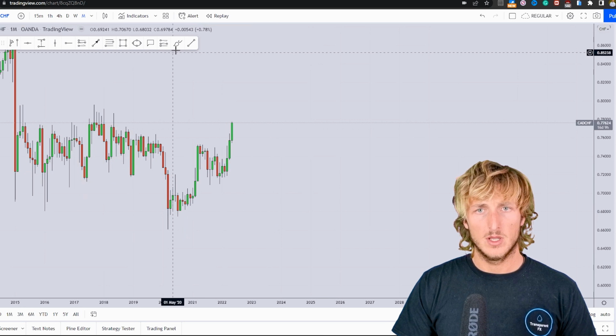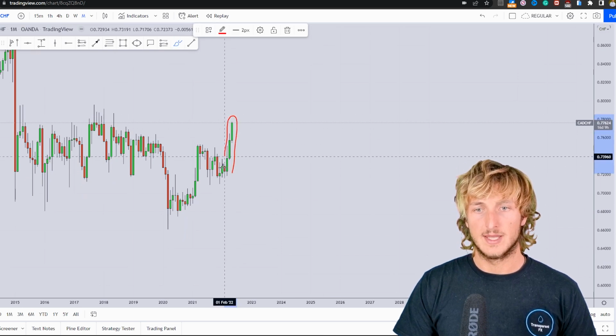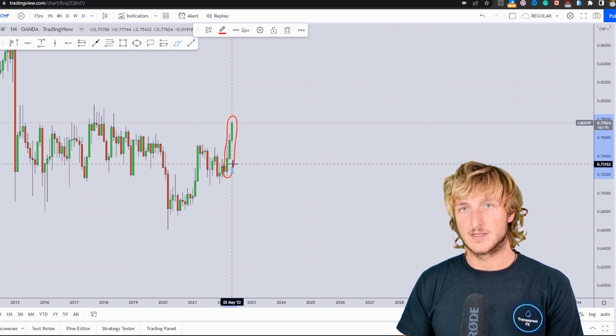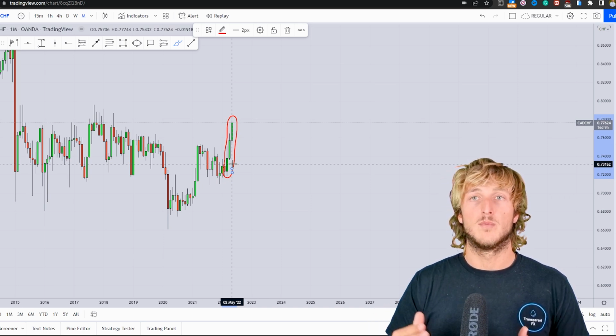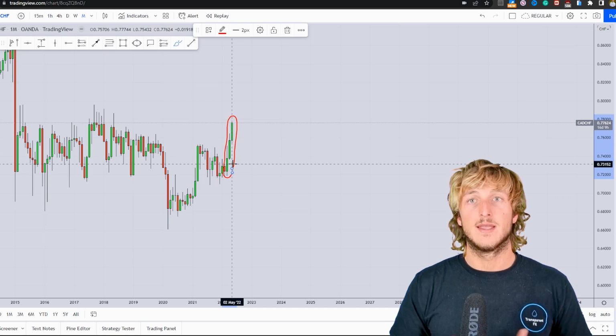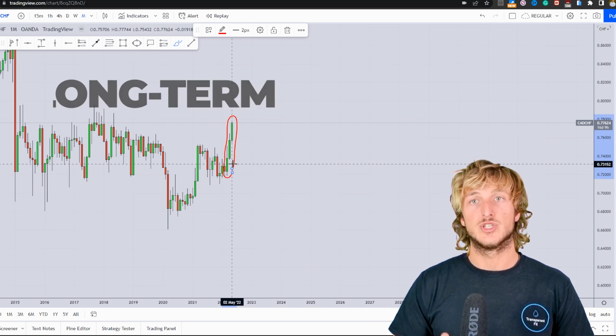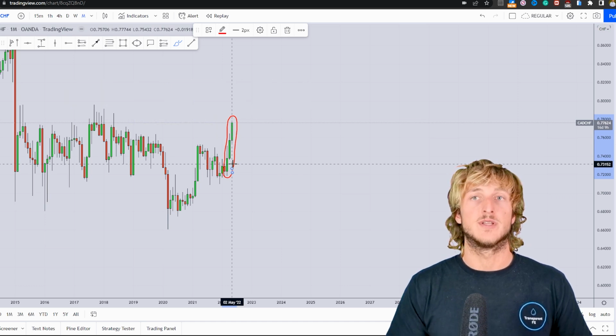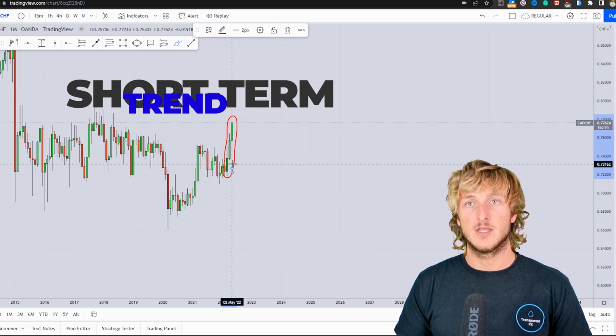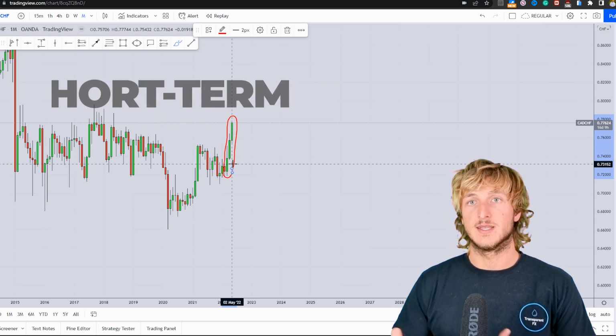So this immediately shows you that multi-time frame analysis, so looking at the same exact pair from multiple time frames, gives you the possibility to understand which is the long-term trend, which is the medium-term trend, and what is the short-term trend, depending on which time frame you're looking at the market at.